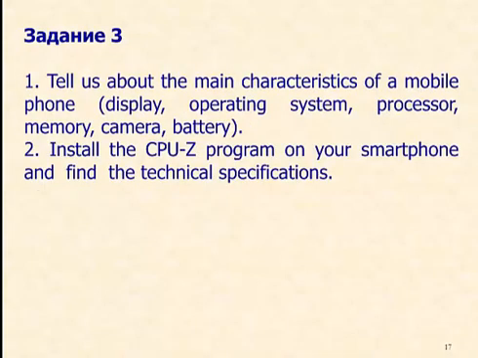And task 3 tells us about the main characteristics of a mobile phone: display, operating system, processor, memory, camera, battery. And the second part of task 3, install the CPU-Z program on your smartphone and find the technical specifications of your smartphone.